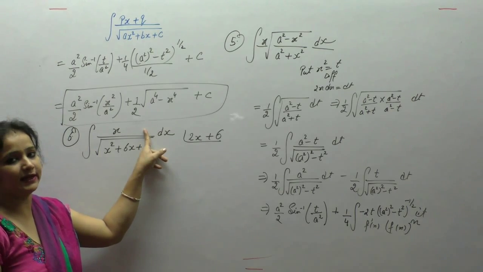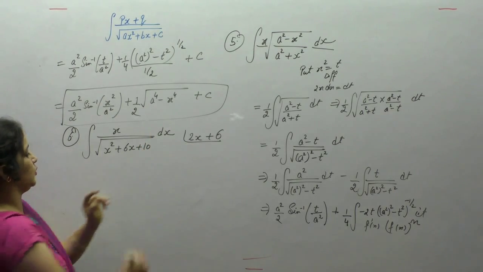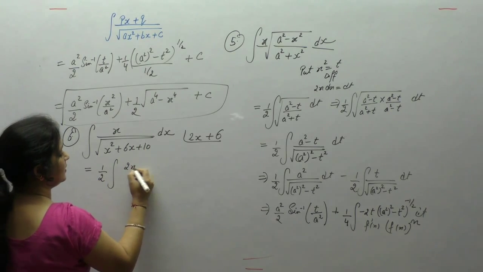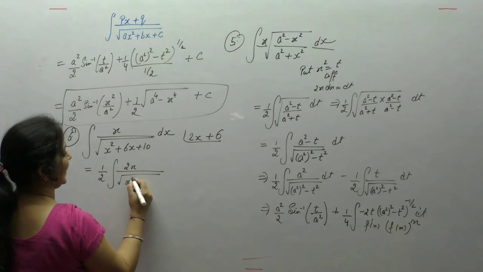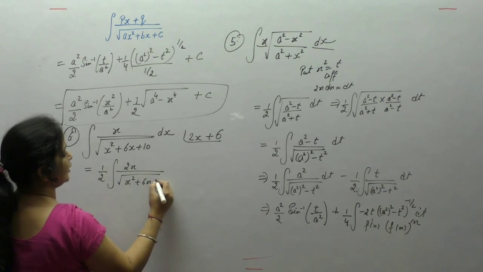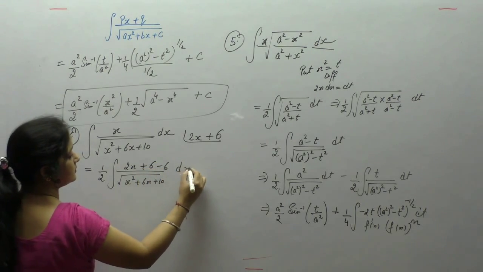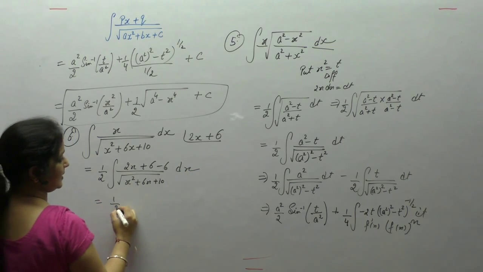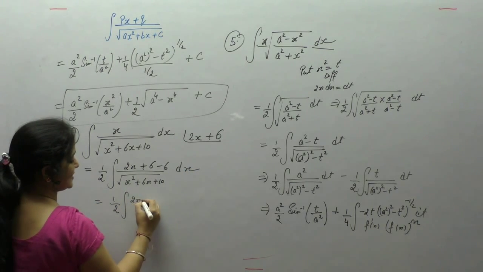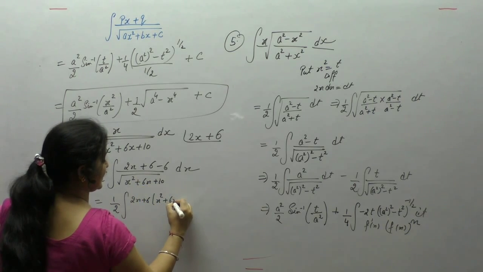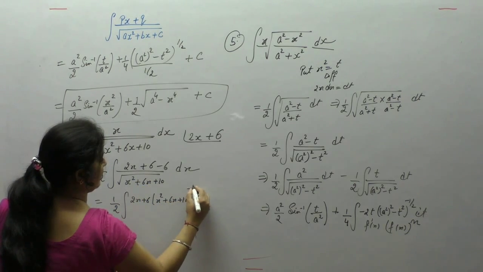To complete the derivative in the numerator, first we will divide and multiply by 2. Now add and subtract 6 in the numerator. 1 by 2, 2x plus 6 is one term, upon this x square plus 6x plus 10 power minus half.